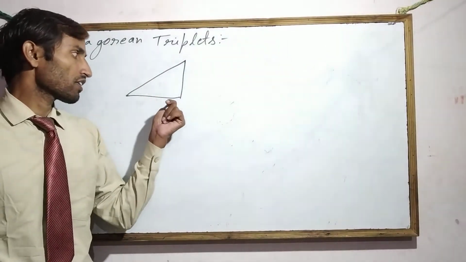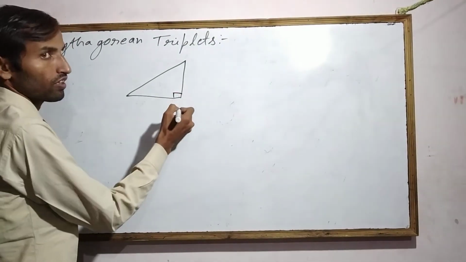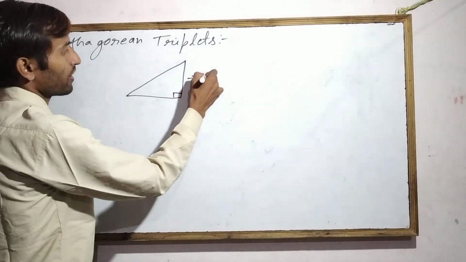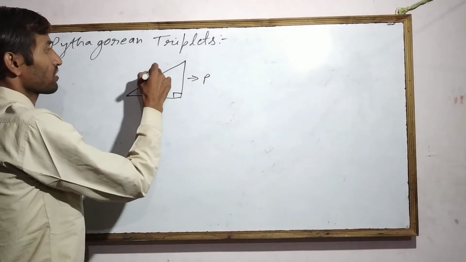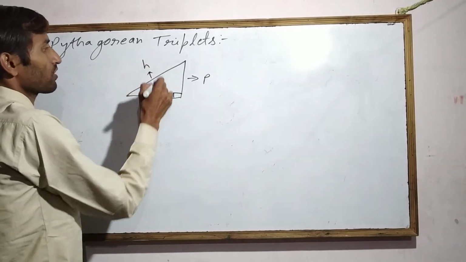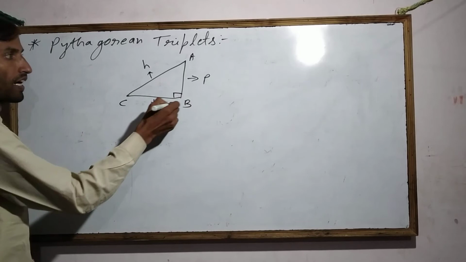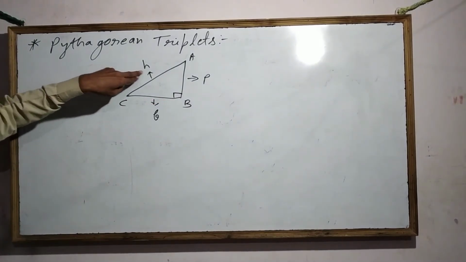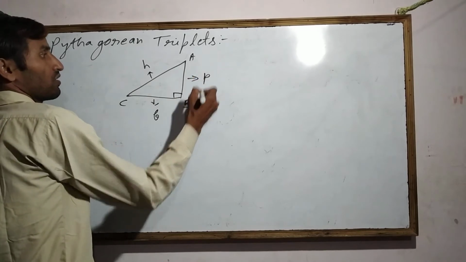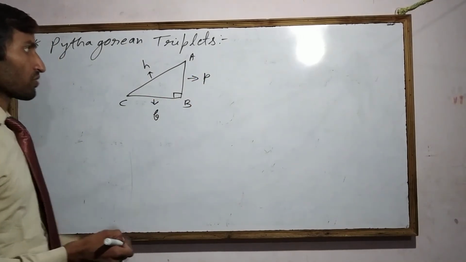This one is the perpendicular P, this one is the base B, and this one is the hypotenuse. So this is triangle ABC, where B is a 90-degree angle. Now the hypotenuse is always greater than both the base and the perpendicular.